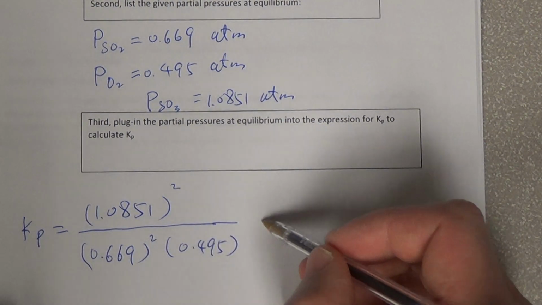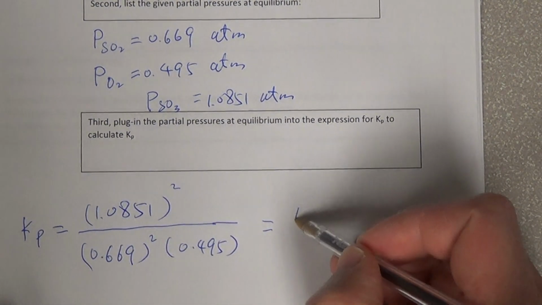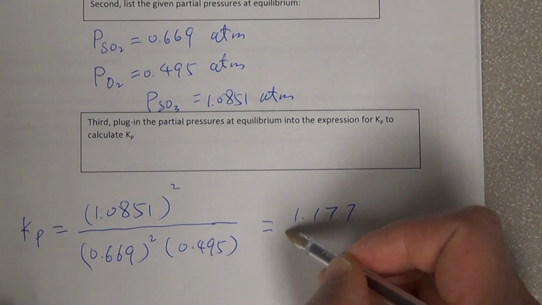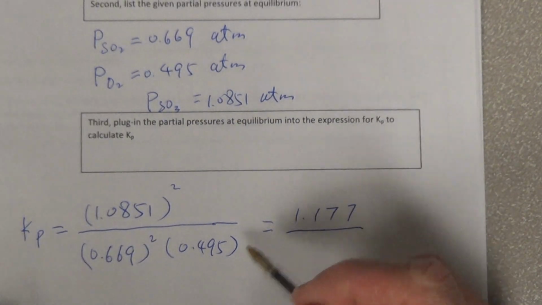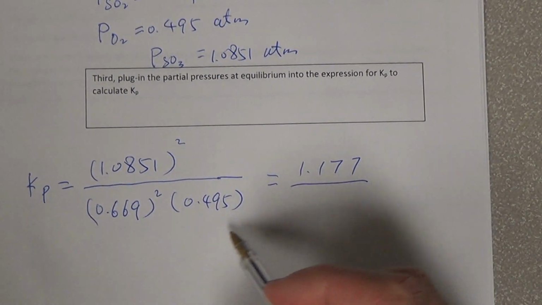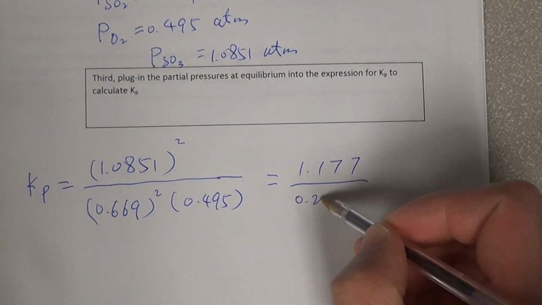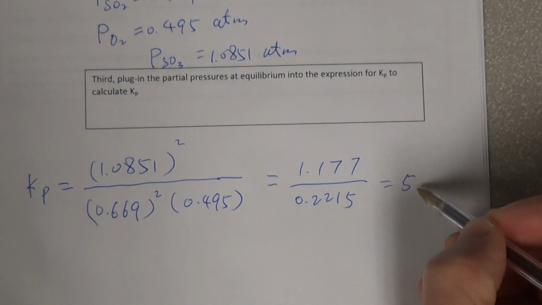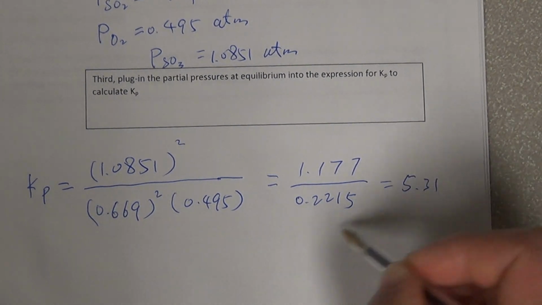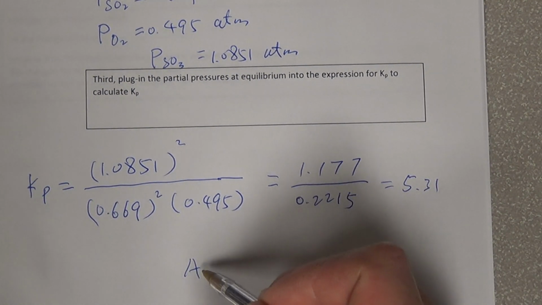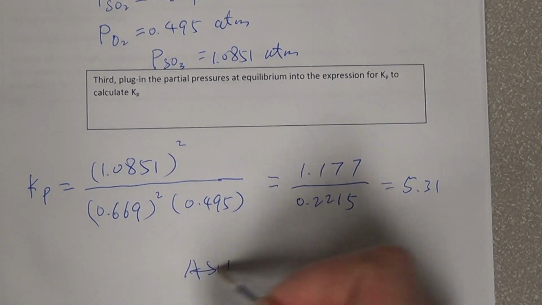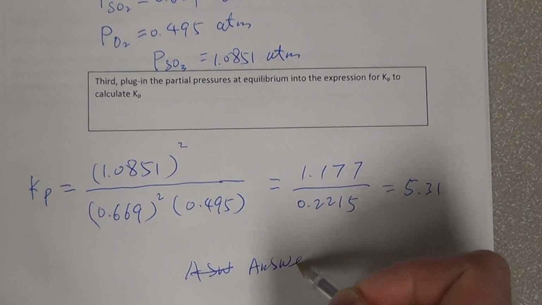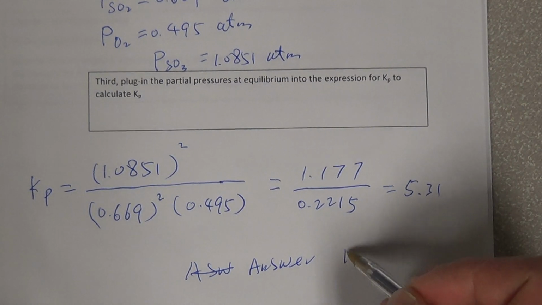So you square the top number, you get 1.177, and you square and multiply those numbers in the denominator, we get 0.2215. So dividing, we get 5.31, and the answer will be B.